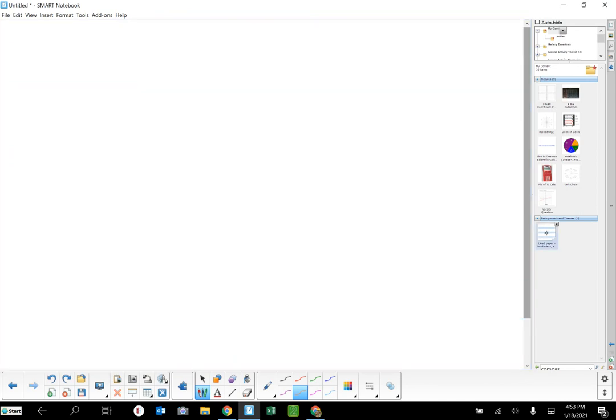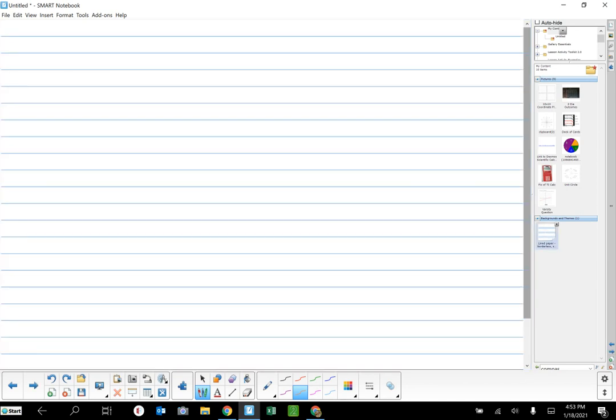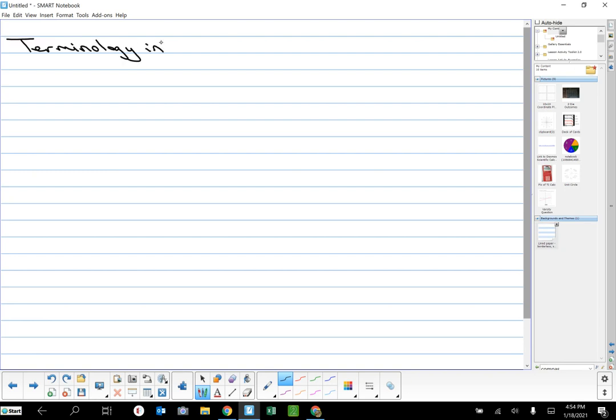Next, some terminology in probability. Okay, so a union looks like a U. We've used that actually in some domain and range, right?